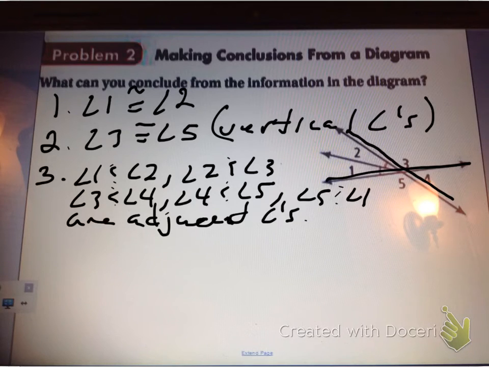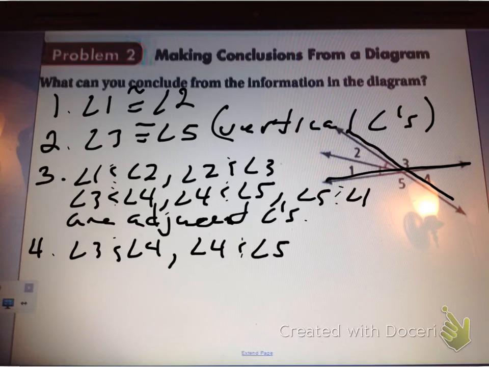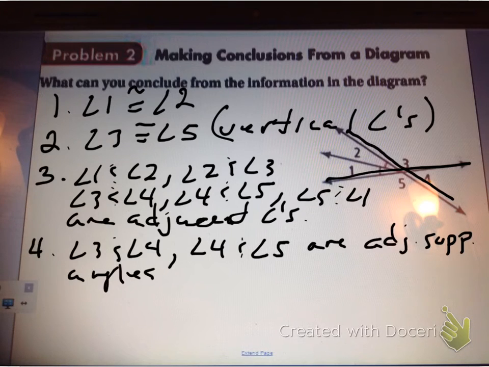And then finally, we can also say that angle 3 and angle 4, as well as angle 4 and angle 5, are adjacent supplementary angles. Alright, and so what does this mean?